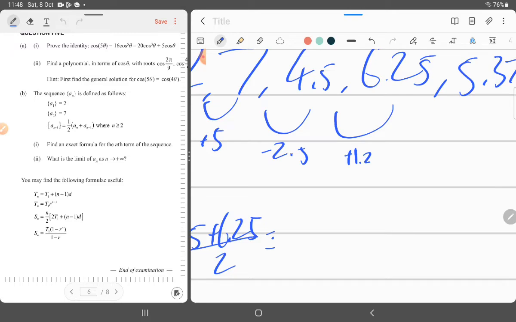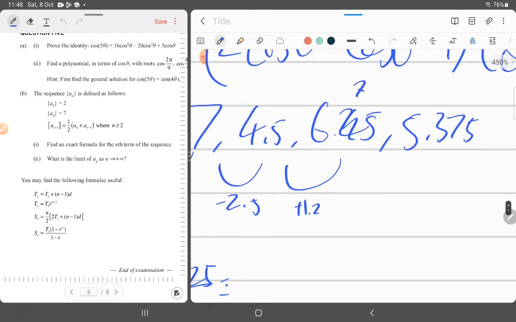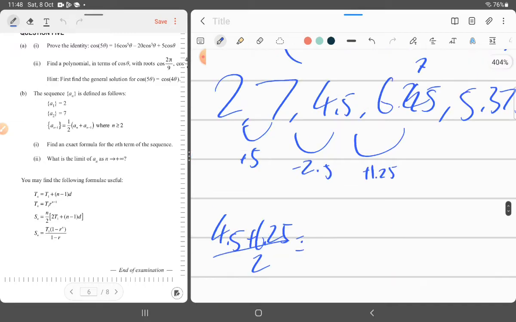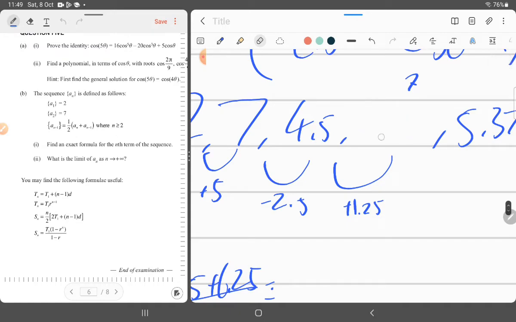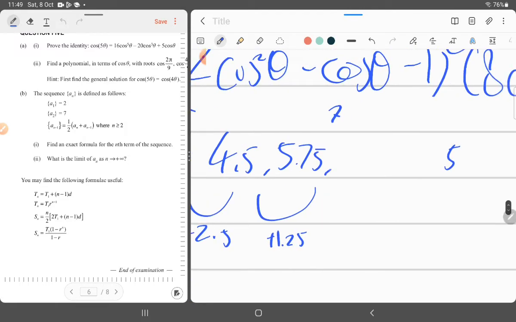Wait, I did something wrong. I think this might be 6.75. Yeah, alright, no, that's 5 points. Minus 2.5. Yeah, I did. 5.75 divided by 2. 5.125.